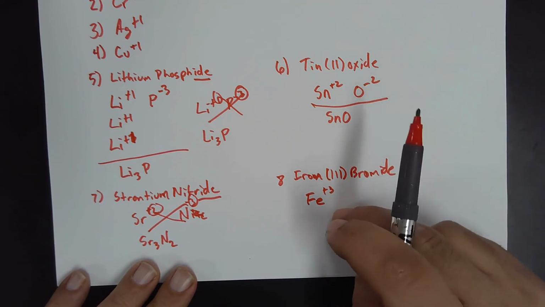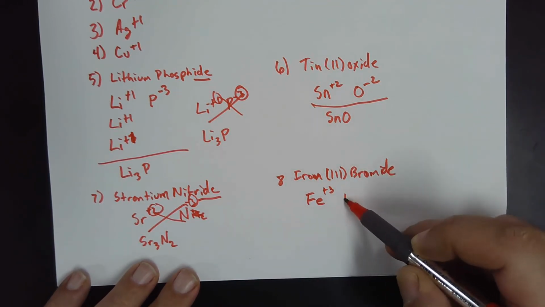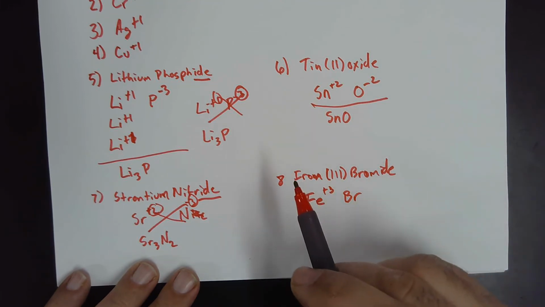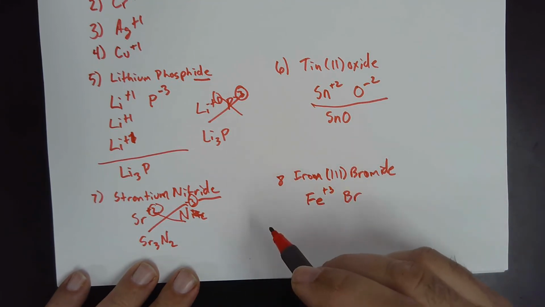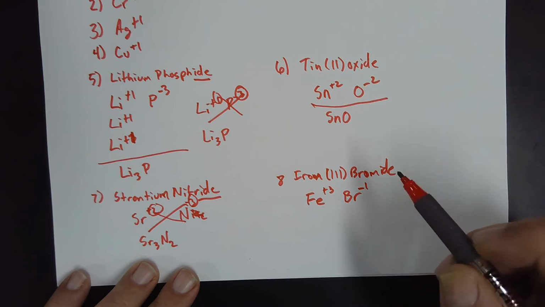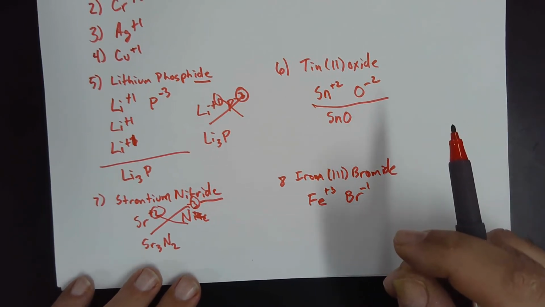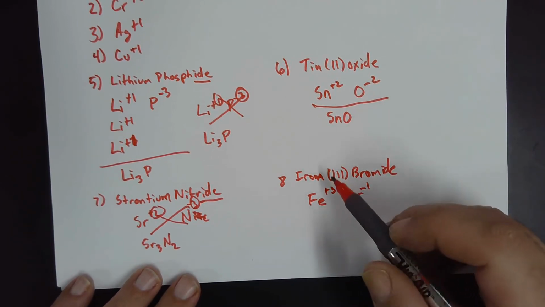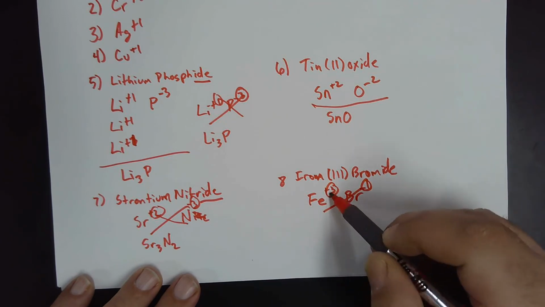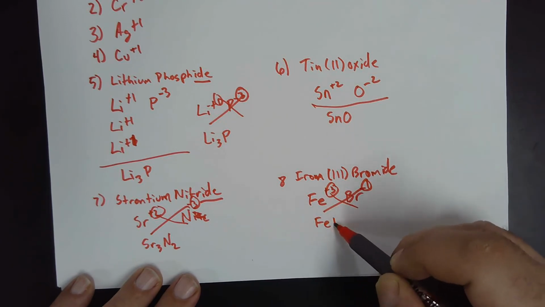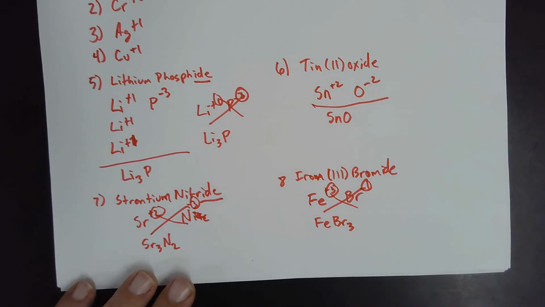Roman numeral tells me the charge of the transition metal. Then we have bromine. Bromine is in group 7A. What's 7 minus 8? -1. Is this balanced? No. So I crisscross it and I end up with FeBr3. Everybody cool with this?